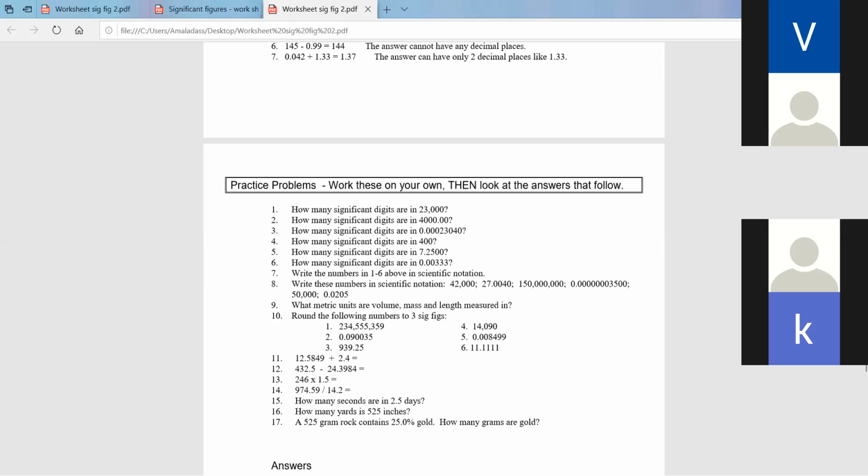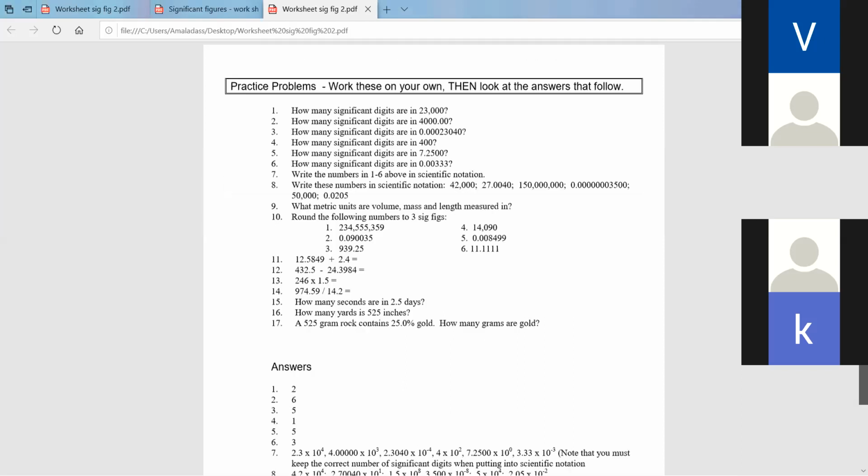Okay. So what should be the answer? How do you round up now? What is the least decimal place? 1, sir. 1 decimal place. So what should be the answer? 408.1. That's it. 408.1. Okay.